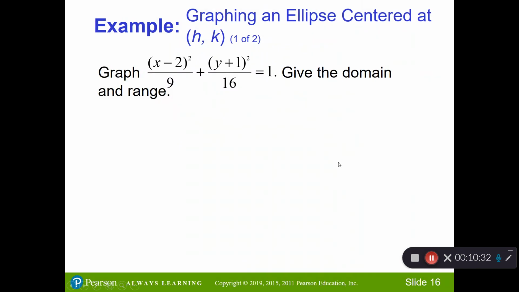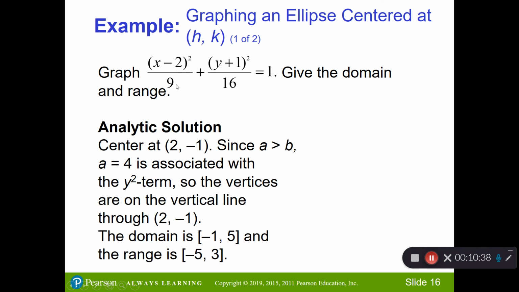Let's take a look at one. So my center is at +2, -1, and the bigger number's under the y. So from -1, I'm going to move up and down 4. So 2, -1 is where my center is. So moving -1 by 4 takes me to a 5 and a -3.